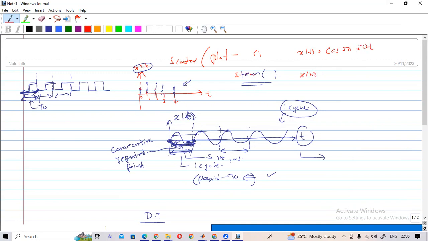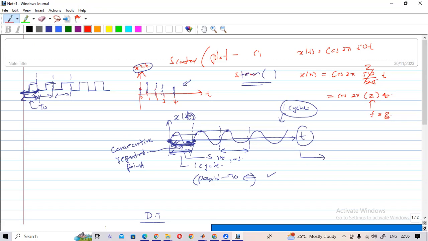Once you get the discrete time signal, it will be cos 2π 50 divided by 25 n. So 50 divided by 25 will be 2. Now you can see that the normalized frequency is 2.